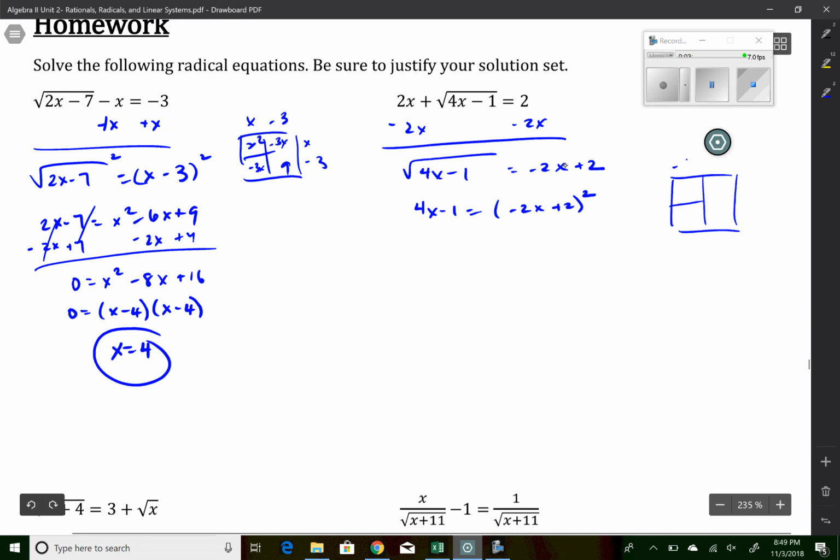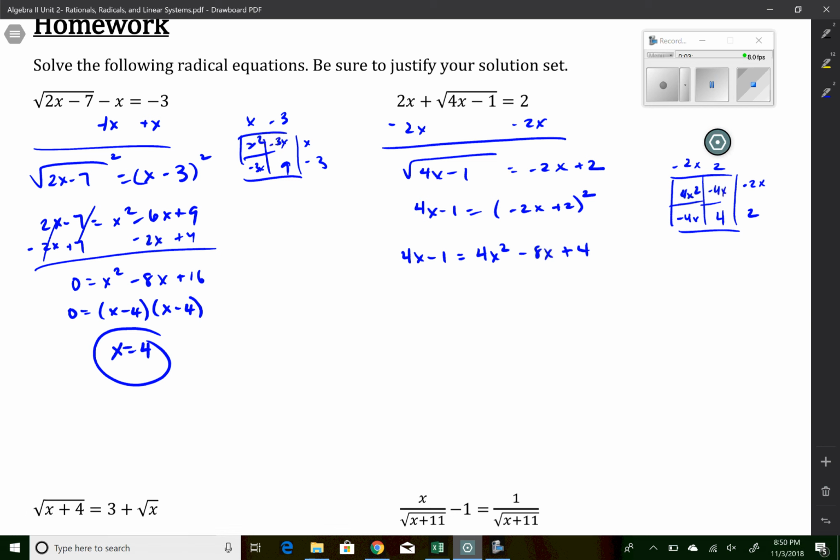So I have negative 2x and 2, negative 2x and 2. If you have 2 minus 2x, it's the same exact thing. So this becomes 4x squared, this becomes negative 4x, and just positive 4. So then this becomes 4x minus 1 is equal to 4x squared minus 8x plus 4.